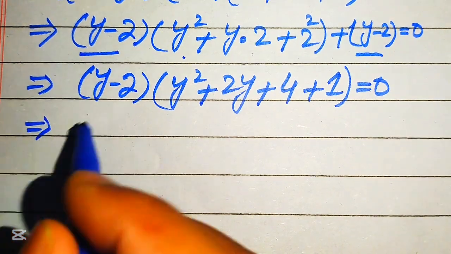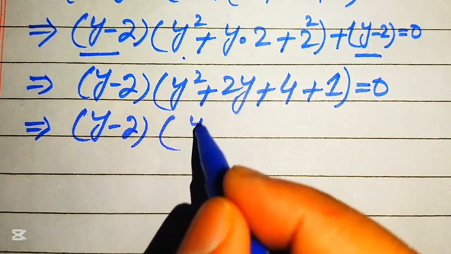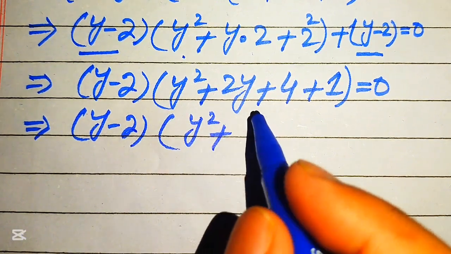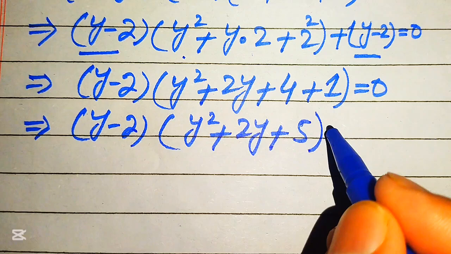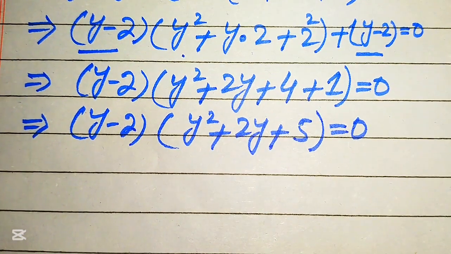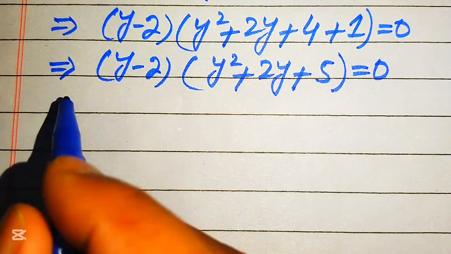In the next step we need more simplification, and it will be written as y minus 2 times y squared plus 2y, and 4 plus 1 becomes 5, and this whole equation equals 0. And now in the next step we need to convert this equation into two cases.